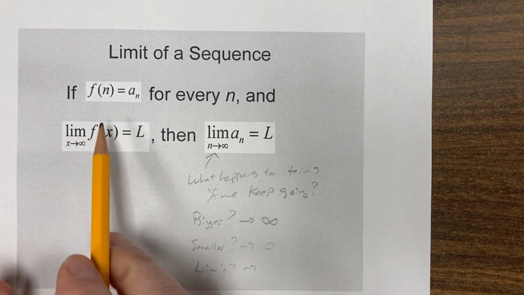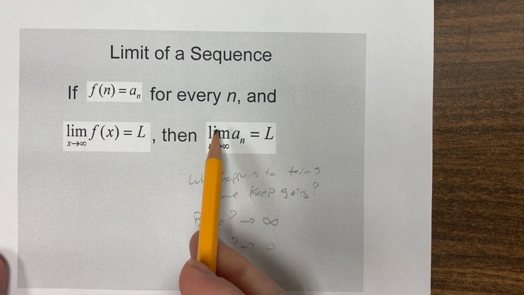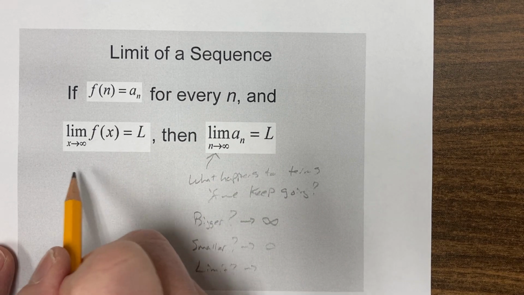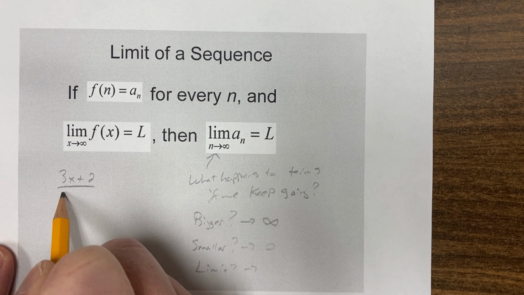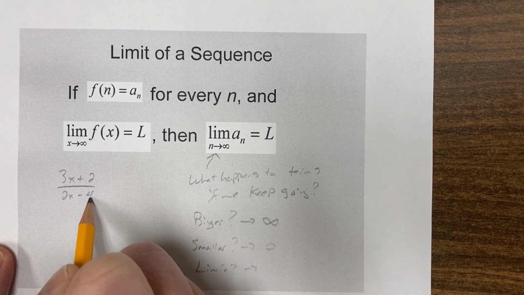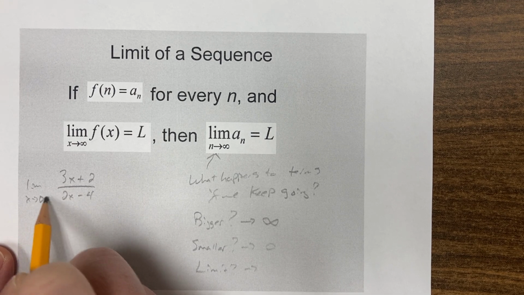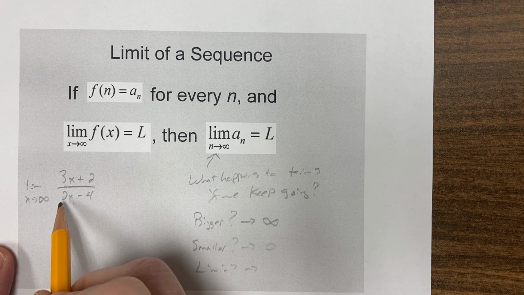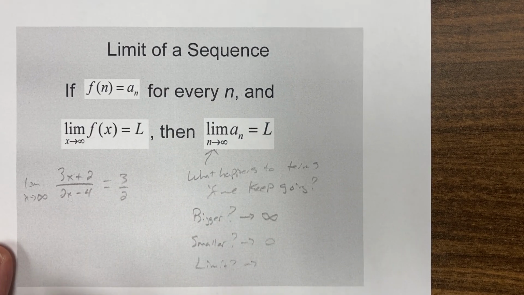And what this is suggesting is whatever you use to find limits of functions, you're going to use the same thing to find limits of a sequence. So in other words, if you were looking at, say, 3x plus 2 over 2x minus 4, and we let x go to infinity, well, we know the degrees are the same, so the infinities are the same magnitude, and therefore this is going to head to a limit of 3/2, right?